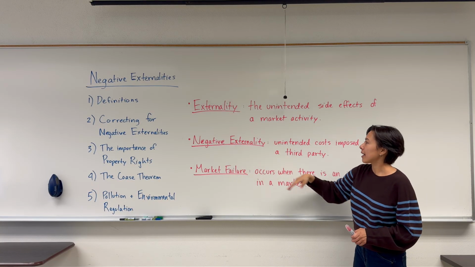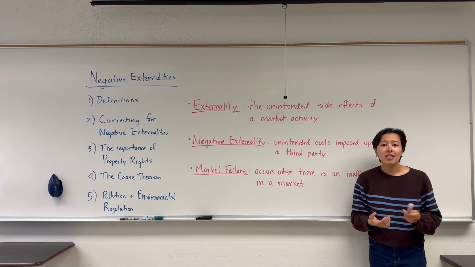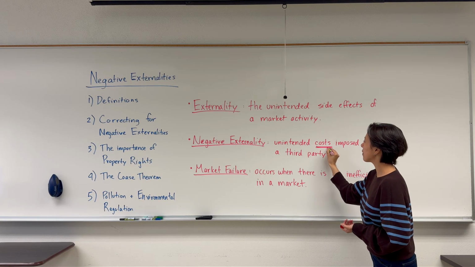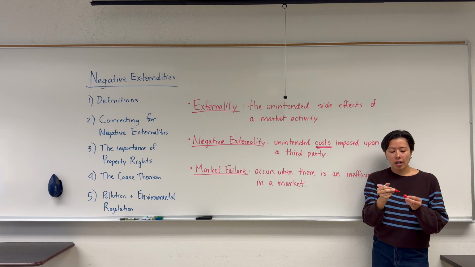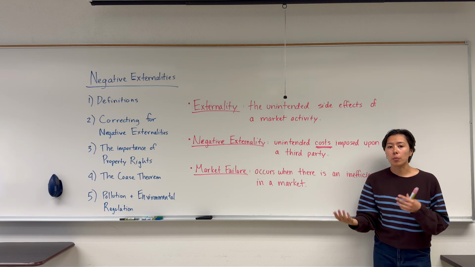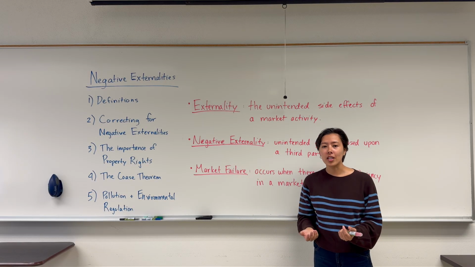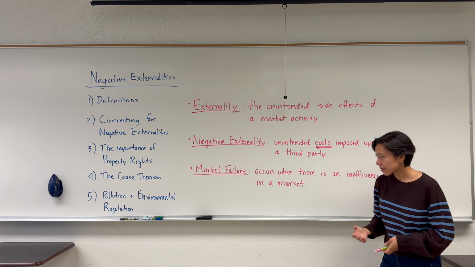So a negative externality is when this unintended side effect is a cost or some kind of harm. So a negative externality imposes some unintended cost on a third party, on someone who's not directly participating in this market or in this activity.